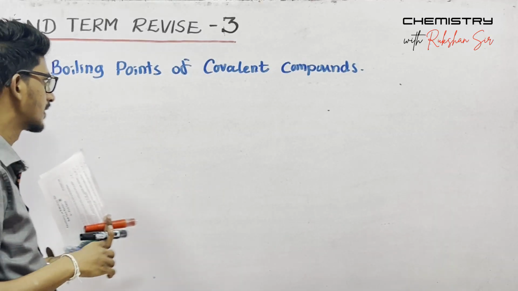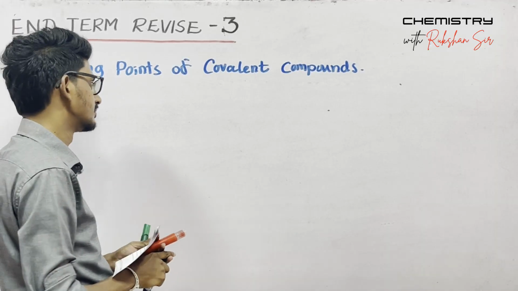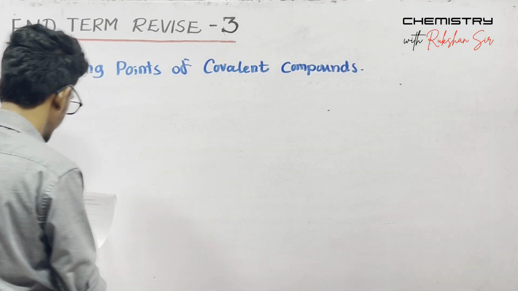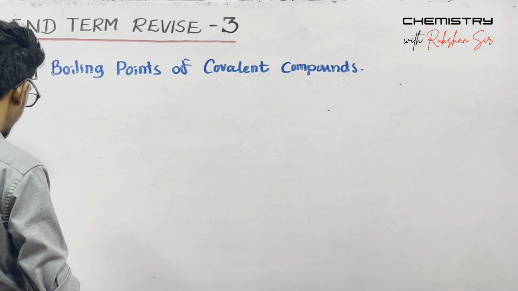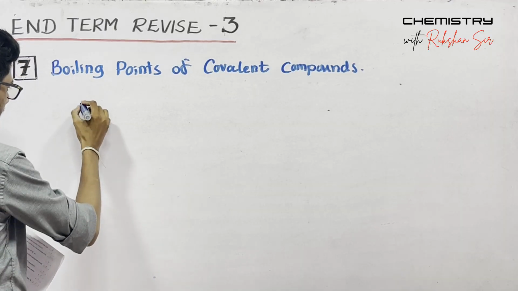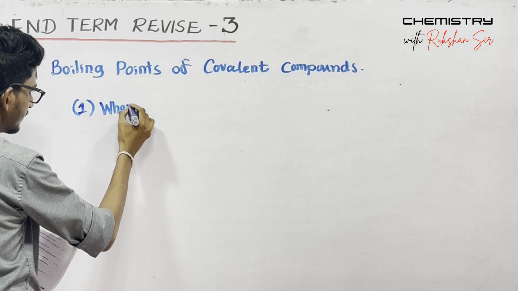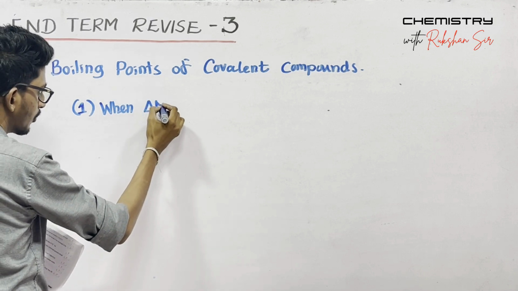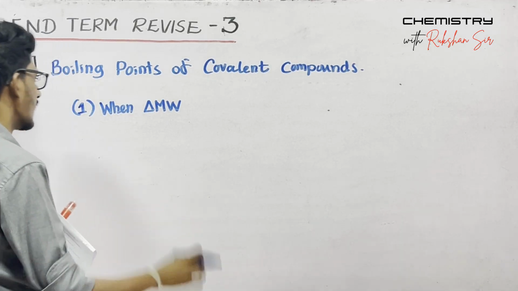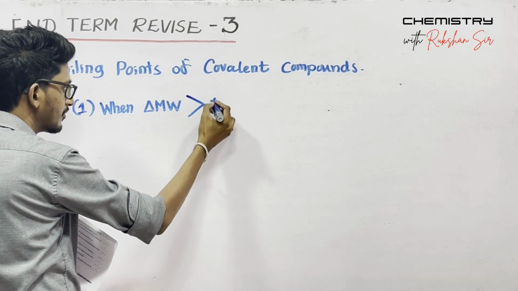When it comes to boiling points of covalent compounds, two factors matter. The first thing: when the delta MW, the molecular weight difference between the two compared species, is greater than 50 units.